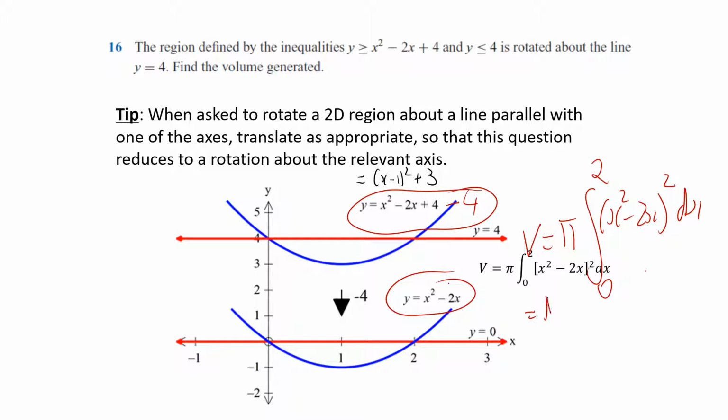So of course that becomes x to the 4 minus 4x cubed plus 4x squared dx. That's what I'm anti-deriving, and that should lead to the correct volume.